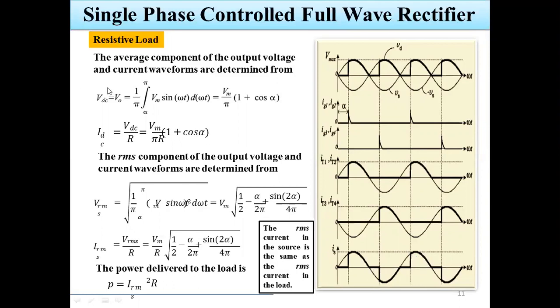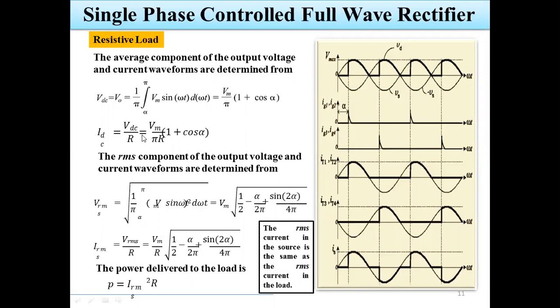And if you come across the expressions for the average output voltage and DC current for a resistive load: VDC equals V0, which equals 1 by pi integral from alpha to pi of Vm sin omega t d omega t, where Vs equals Vm sin omega t is the source voltage. Integrating this gives Vm by pi times minus cos from alpha to pi, that is Vm by pi times (1 plus cos alpha).